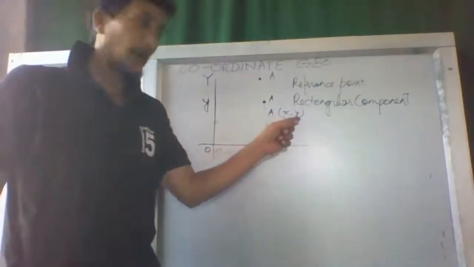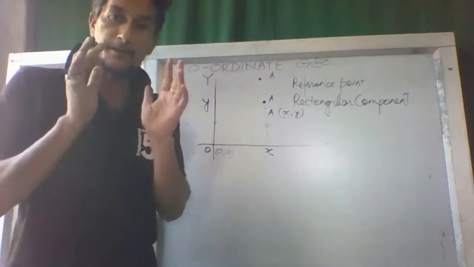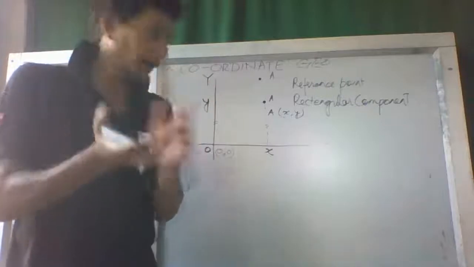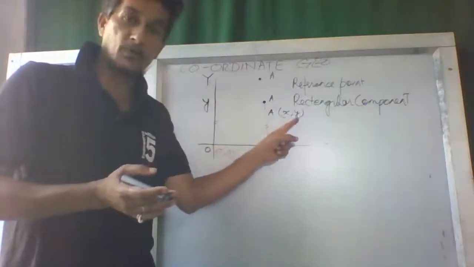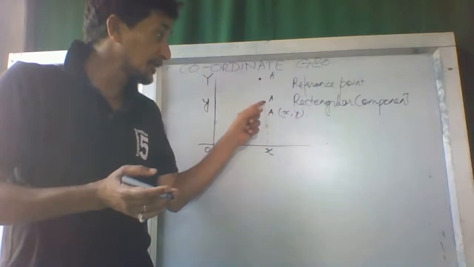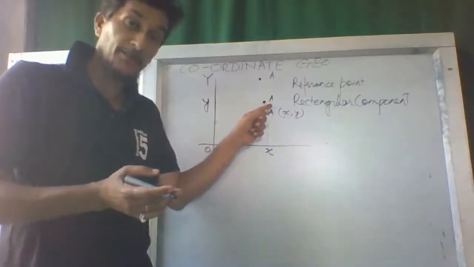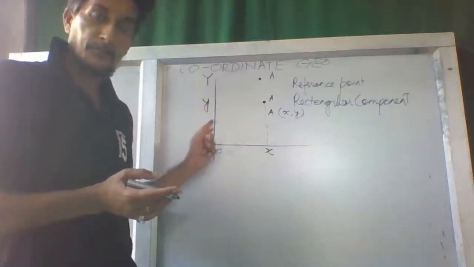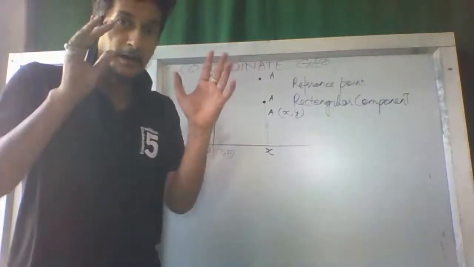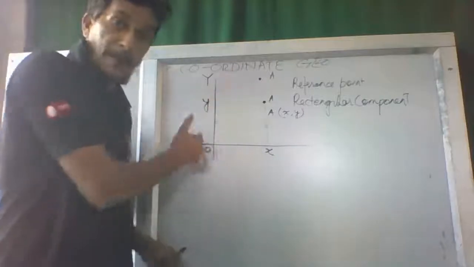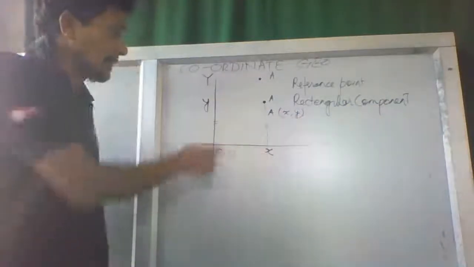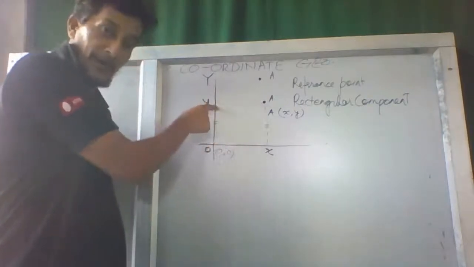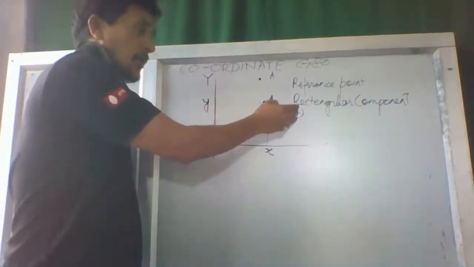These x and y are the magnitudes or numerical values mentioned on the x-axis and y-axis. This rectangular frame lies one on the x-axis and one on the y-axis, so we write x comma y.